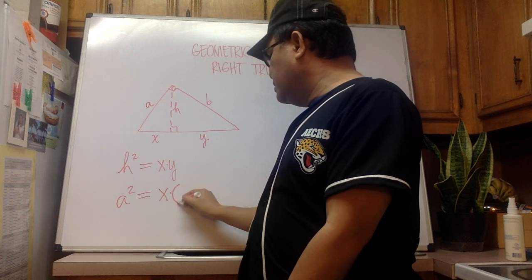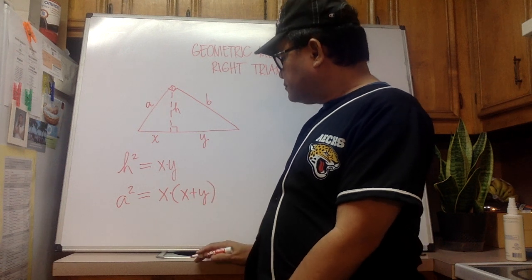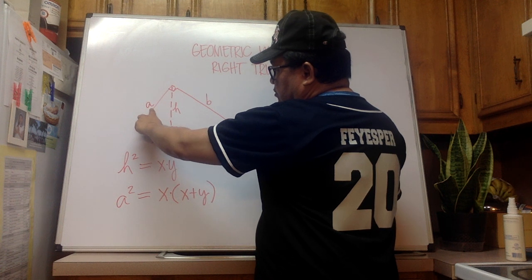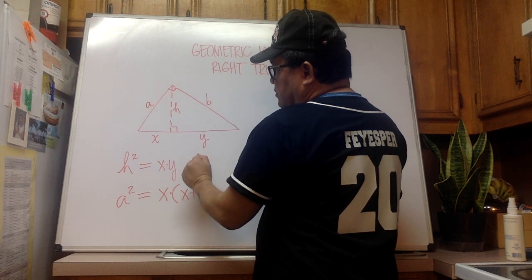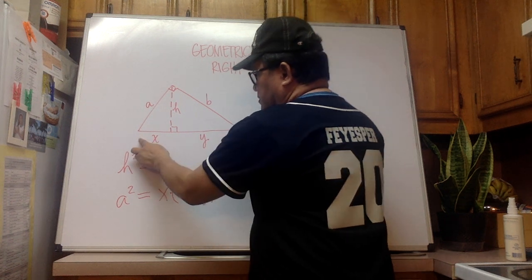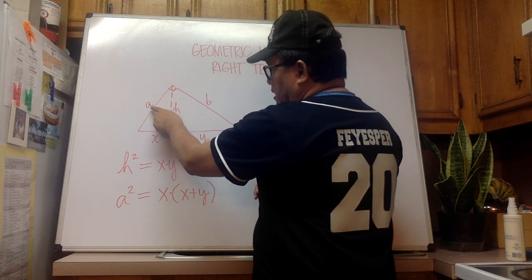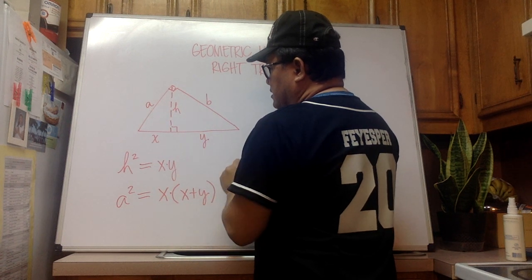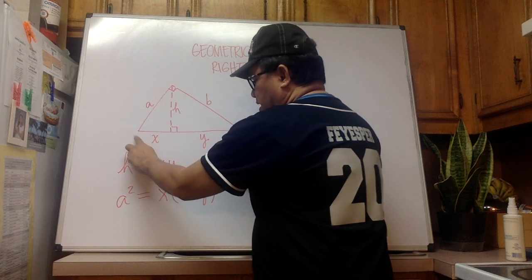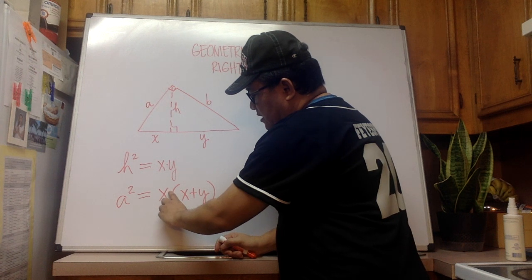And the whole hypotenuse is X plus Y. So one more time, A squared is equal to x times x plus y. And that's what I wrote over here. Maybe I don't need to put these times signs here anymore.